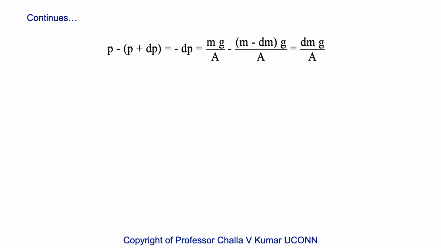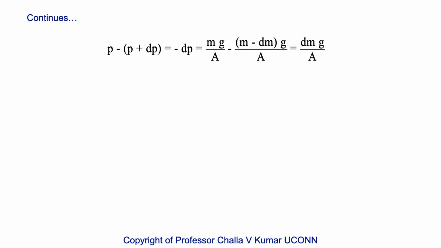That is simply equal to mg over A, which is what we calculated for the pressure at the height z, minus (m minus dm) times g divided by A, the pressure at the height z plus dz. Now we can cancel mg over A in the first term with mg over A in the second term, and all that remains is dm times g over A.